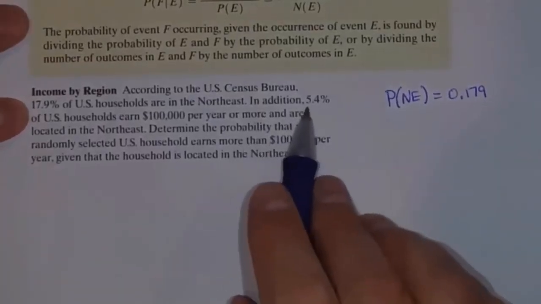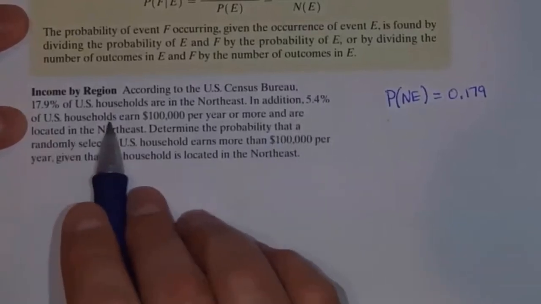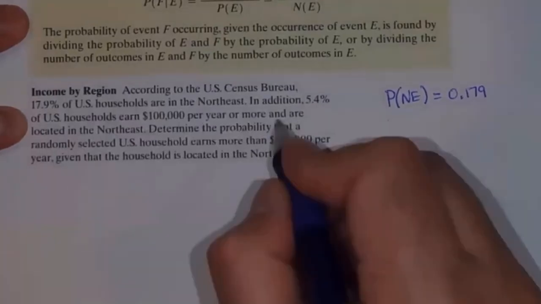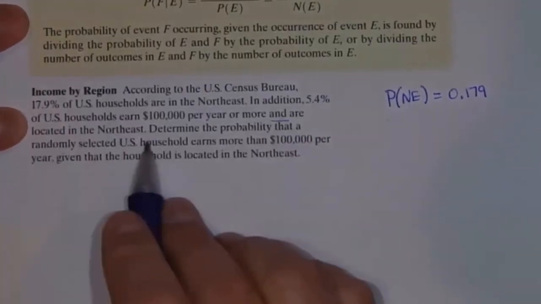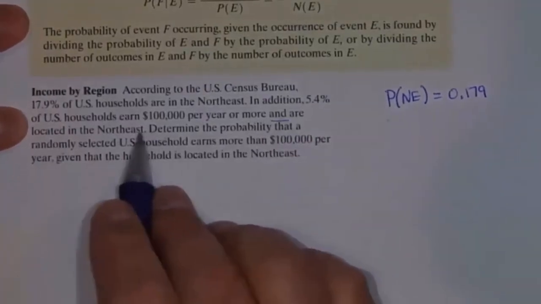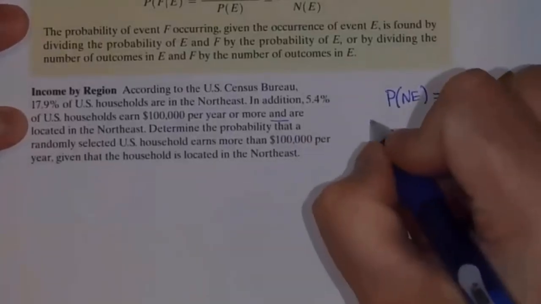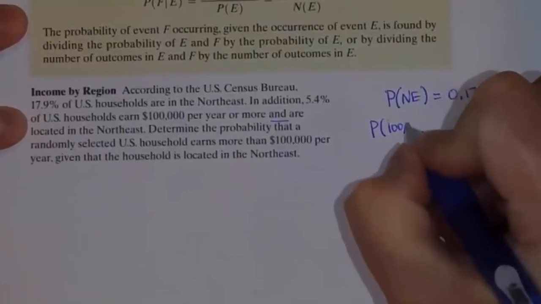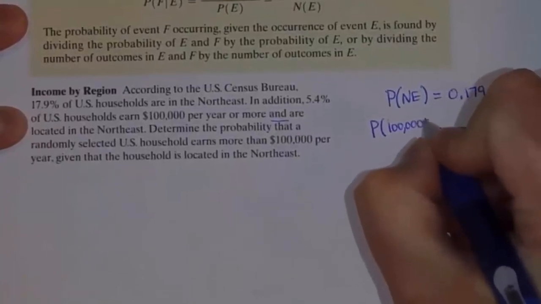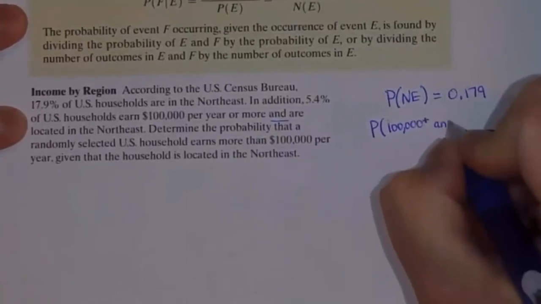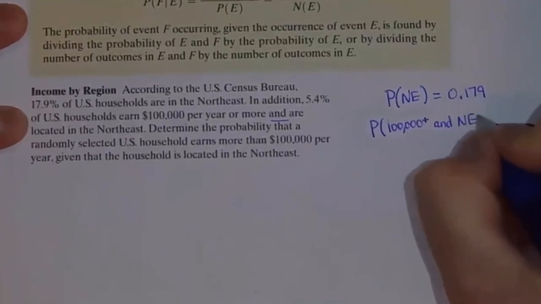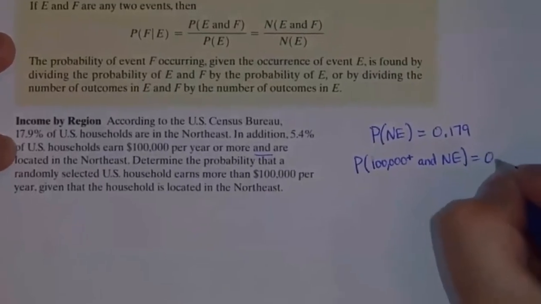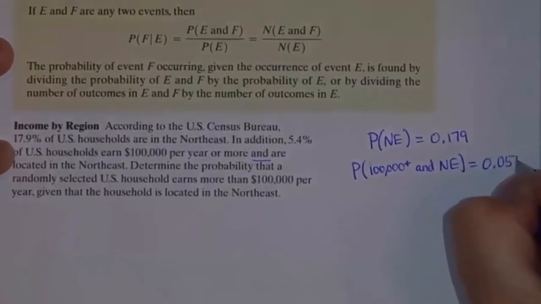In addition, 5.4% of U.S. households earn $100,000 per year or more and are located in the Northeast. So that second thing that they're telling me is that the probability that a household earns $100,000 or more in a year and is in the Northeast, that is 5.4%. So that probability is 0.054.